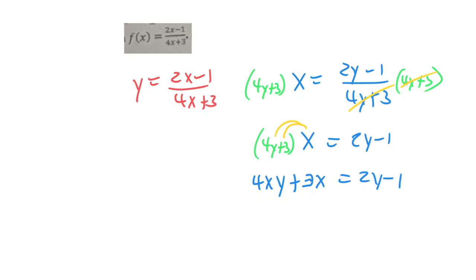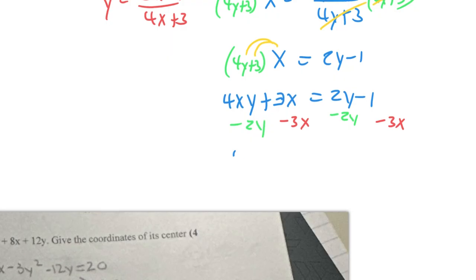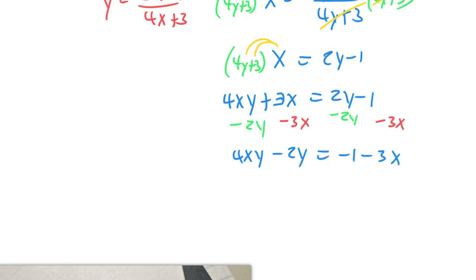So hopefully my student watching understands that will be a matter of subtracting 2y from both sides. And by the way, let's get this over with. Let's subtract 3x from both sides. Now, as a result of that, hopefully we all understand that will be 4xy minus 2y equals -1 minus 3x, because these canceled, these canceled.